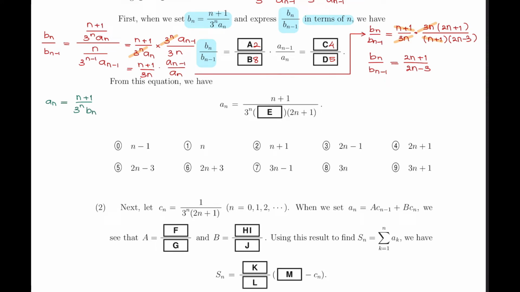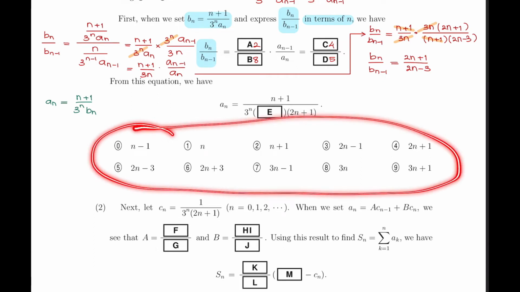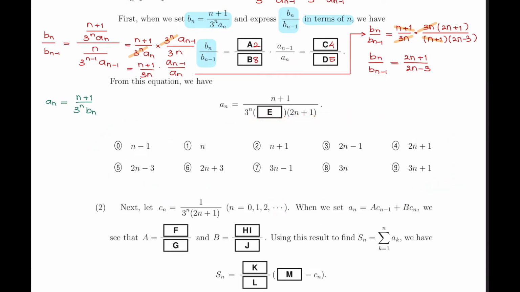Now I have to know what is bn in terms of one of these polynomials. Because n plus 1 is already the same, and 3 to the power of n is also the same. So I need to change Bn.